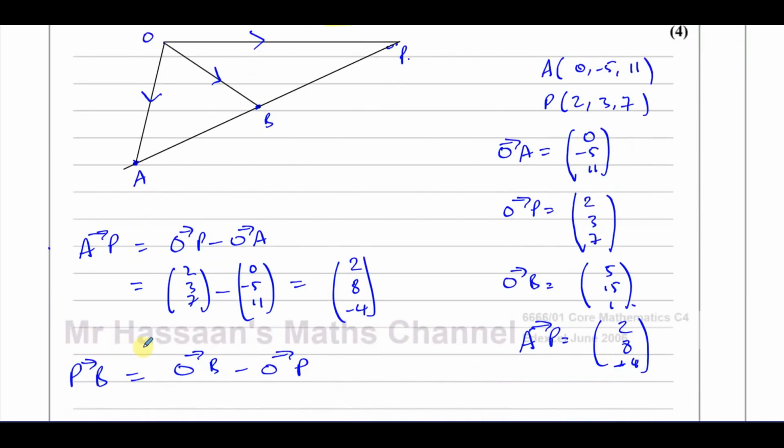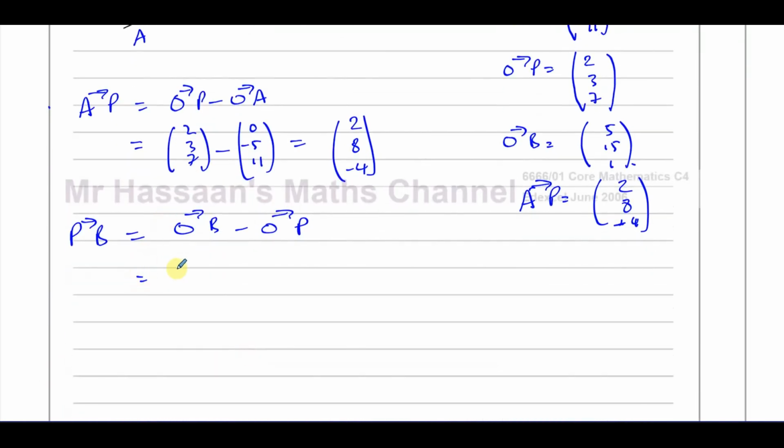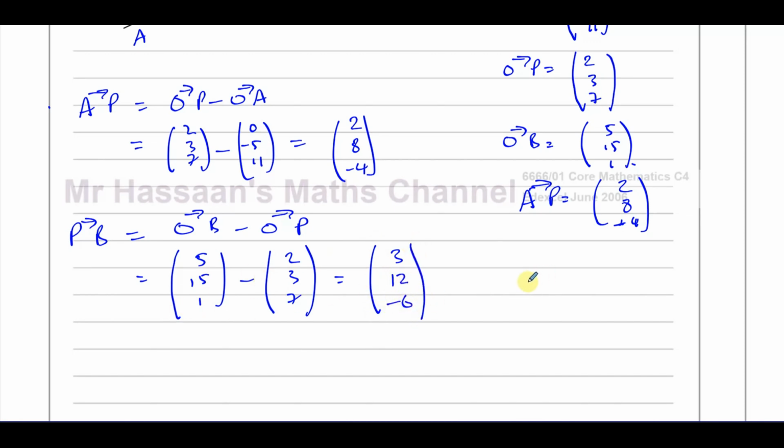That's going to be given by 5, 15, 1, minus 2, 3, 7. That gives us 5 minus 2, which is 3, 15 minus 3, which is 12, 1 minus 7, which is minus 6. So the vector from P to B is equal to 3, 12, and negative 6.